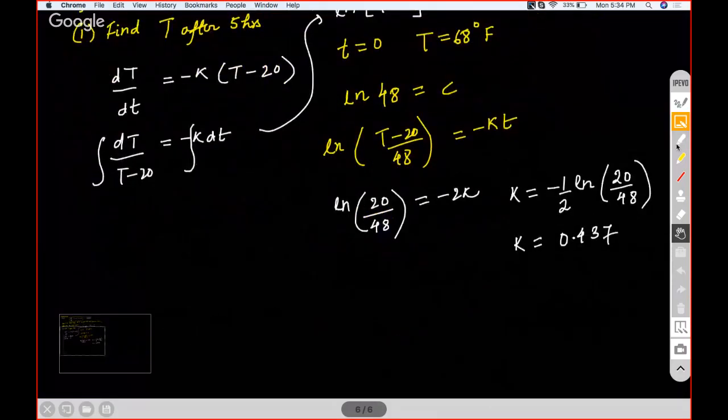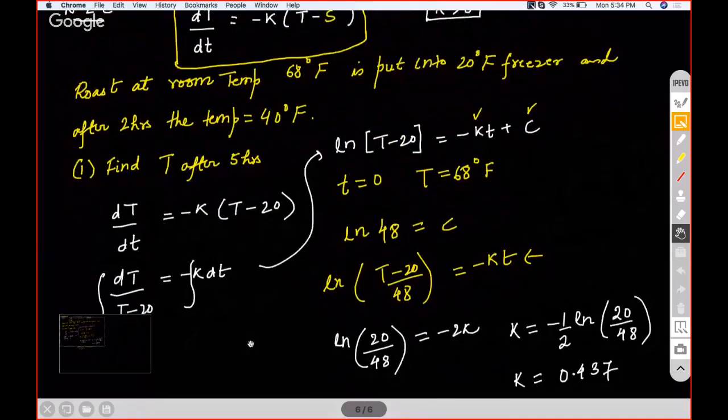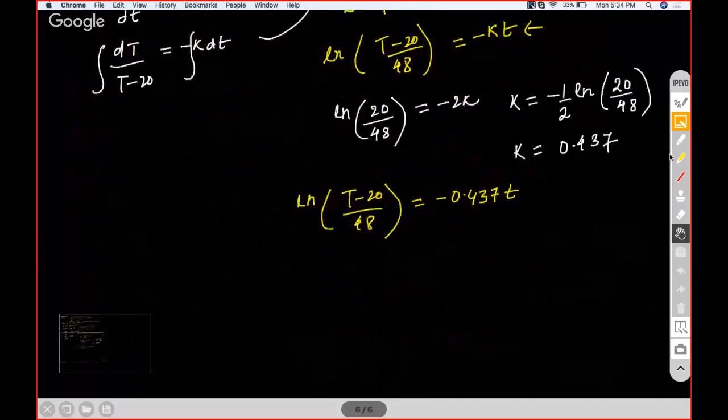So going back to this point, ln of (T minus 20) by 48 is going to be negative 0.437 t. Now, what is the question asking me? The question asks what is the temperature after 5 hours?